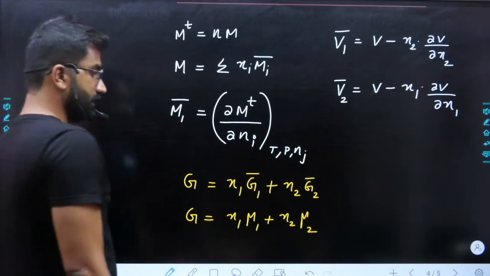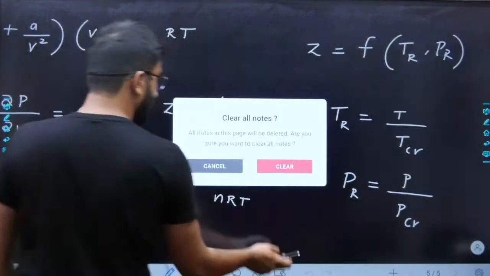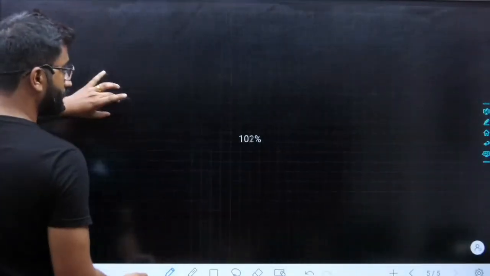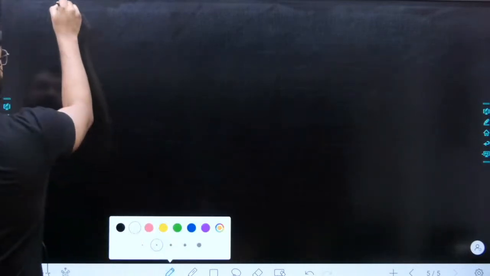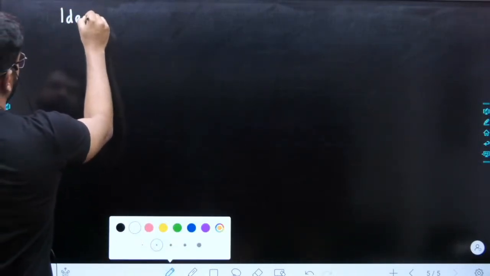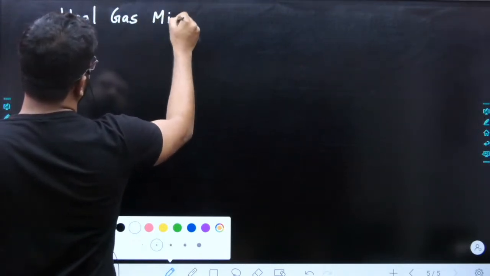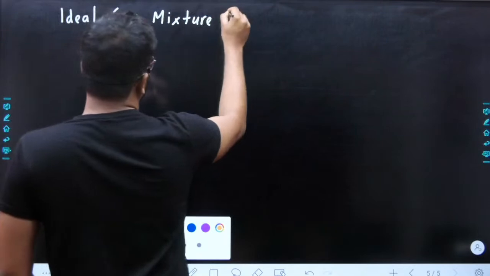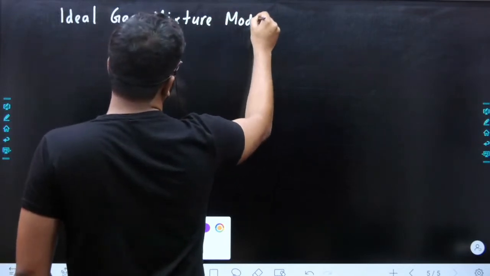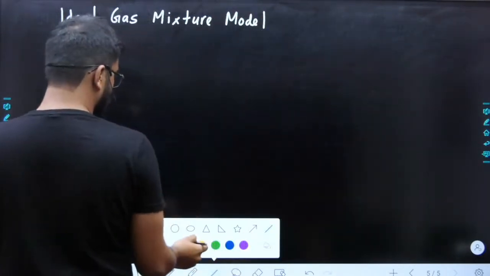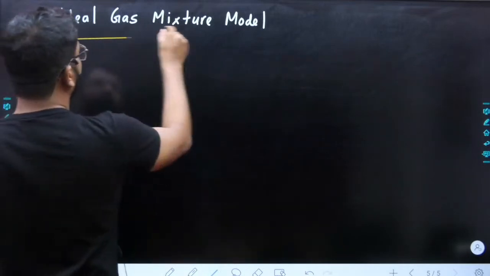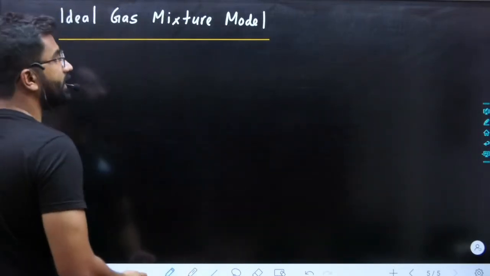Now comes your famous ideal gas mixture model. So understanding the ideal gas mixture model is important. What is the meaning of the ideal gas mixture model?